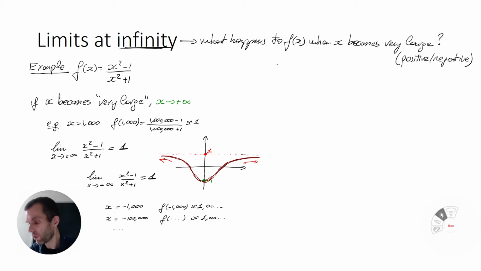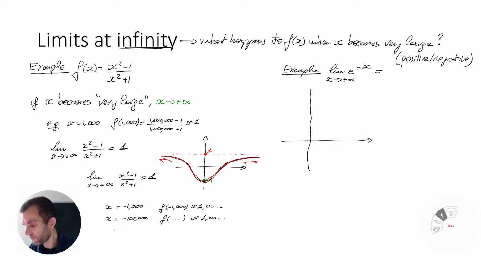Before we get to horizontal asymptotes, let's quickly look at another example. If we take e to the power minus x, and we let x go to plus infinity, what do we get? Well, for that we can look at the graph of the function. We know that this function has the following aspect.